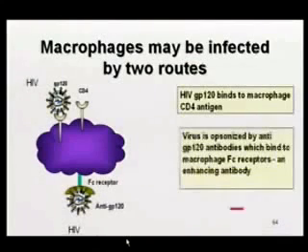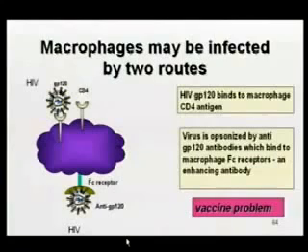Because if the virus is bound by antibodies, such as anti-GP120, it can be picked up by the Fc receptor. And that can be shown experimentally. Putting the Fc receptor into cells, they can also get infected by HIV. That's a problem for vaccines, predisposing the virus to opsonization and infection of macrophages.